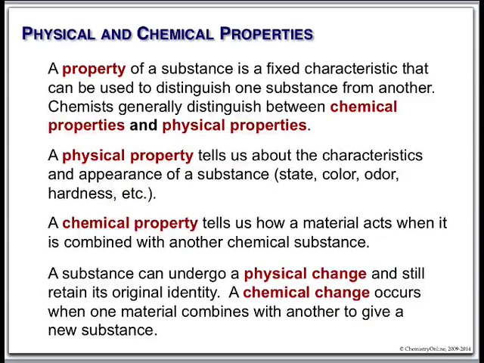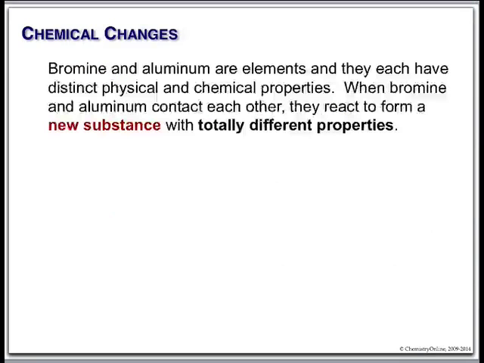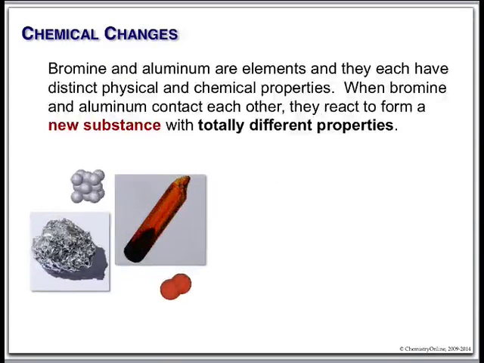Classic example here. This is aluminum, a little wad of aluminum foil, and we've already met bromine. Both of these are elements. Each of these contain only one type of atom. If we take bromine and aluminum and we mix them together, they're going to react.